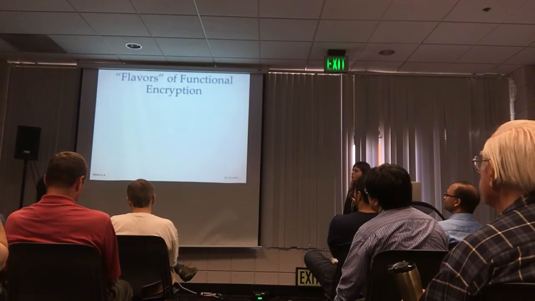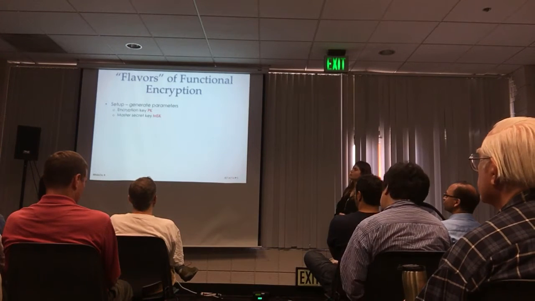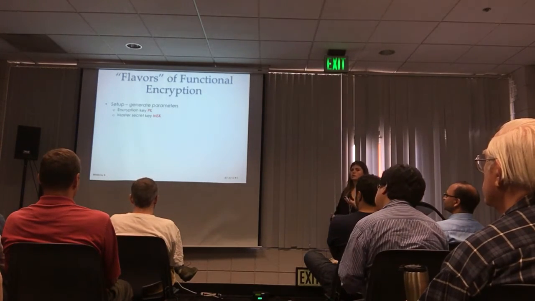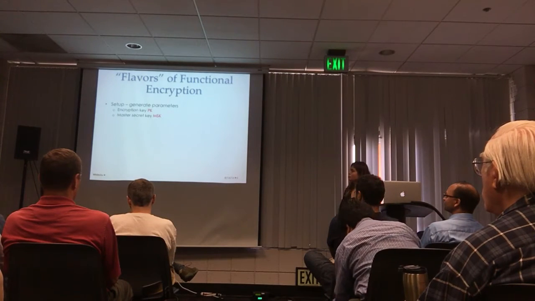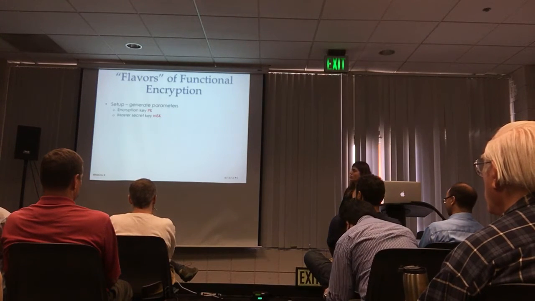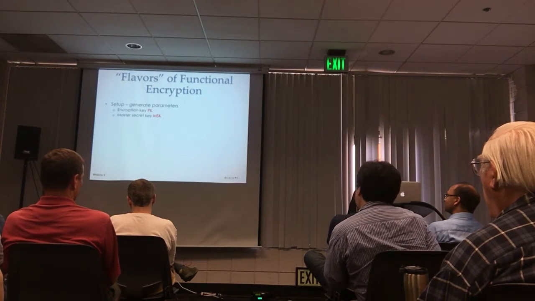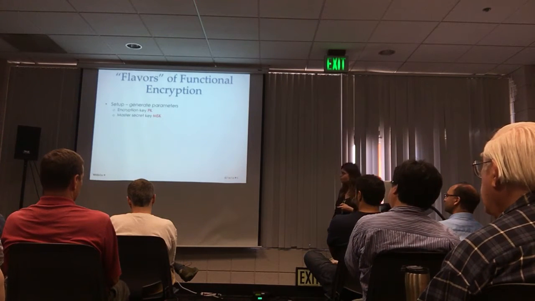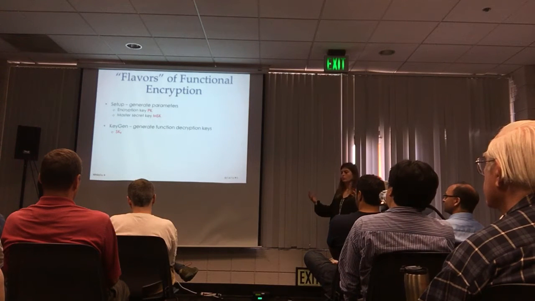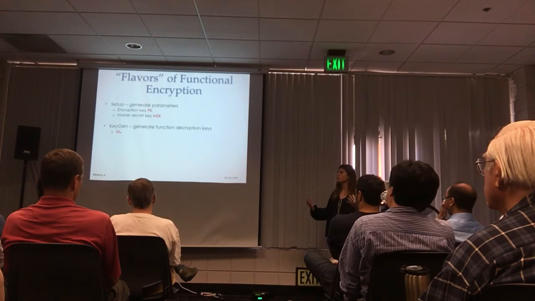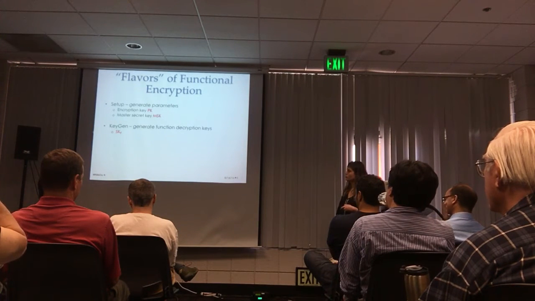In functional encryption, we first have a setup algorithm that allows us to generate the keys for this encryption scheme. So we'll have an encryption key which will allow us to construct ciphertexts, and then we'll have this master secret key associated with the scheme. Now, we also have an algorithm that allows us to generate different decryption keys that are associated with particular functions.